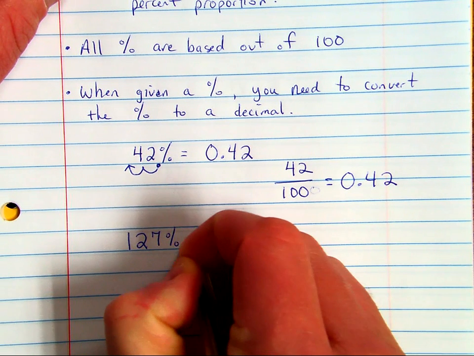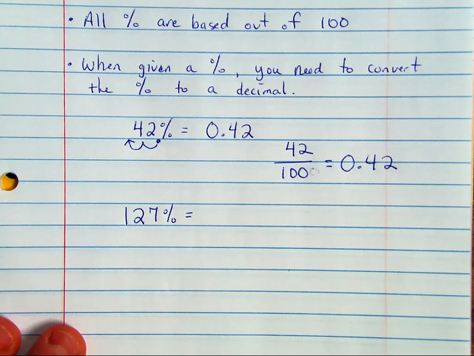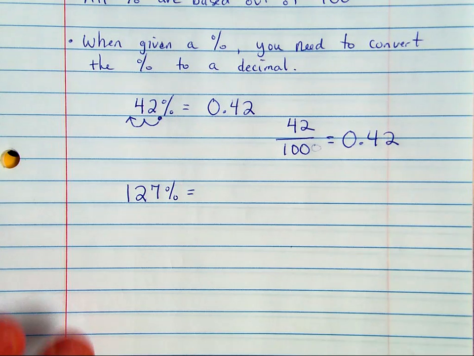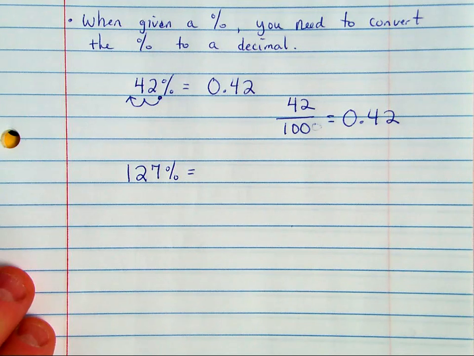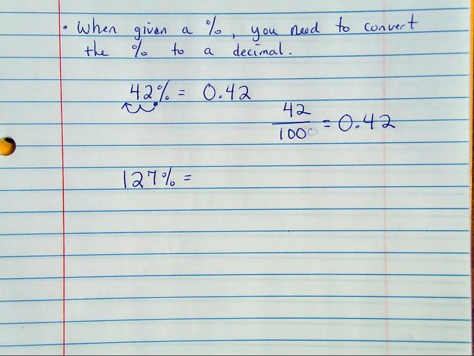127%. How would we write 127% as a decimal? Any idea?